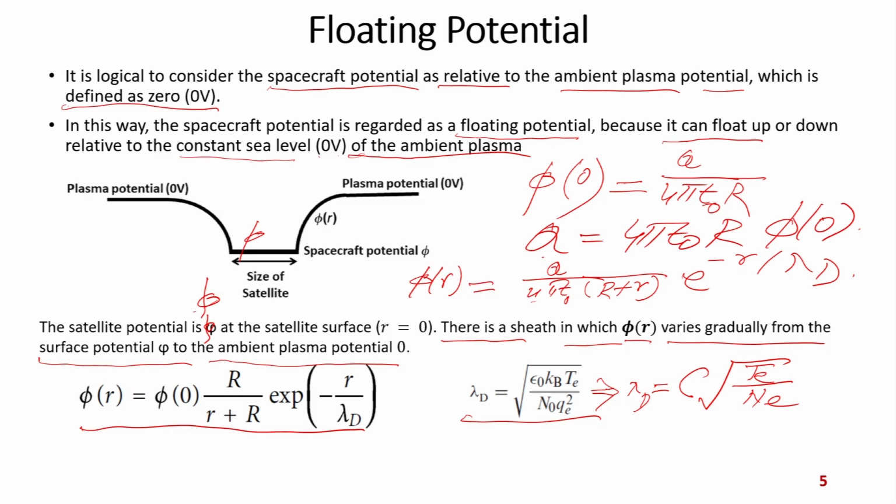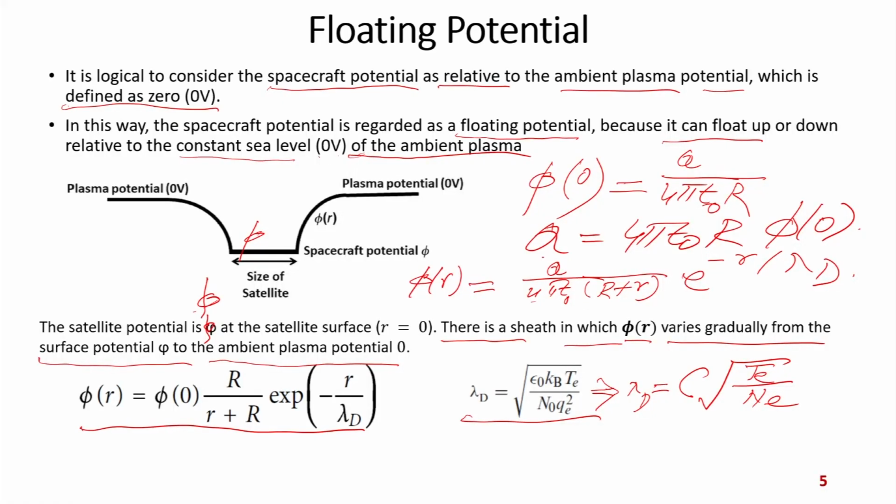So we will see that whenever we go to a high earth orbit like geostationary or geosynchronous orbit, and we calculate the Debye length, with very high energy plasma species where the density is very low, it comes to a few meters.